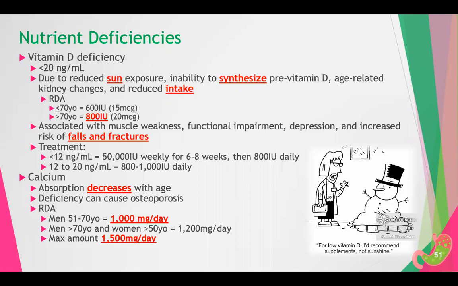So the recommended daily allowance for men between 51 and 70 years old is 1,000 milligrams per day. Men who are over 70 years old and women who are over 50 years old, it is recommended that they have 1,200 milligrams per day, and there is a maximum amount of 1,500 milligrams per day.